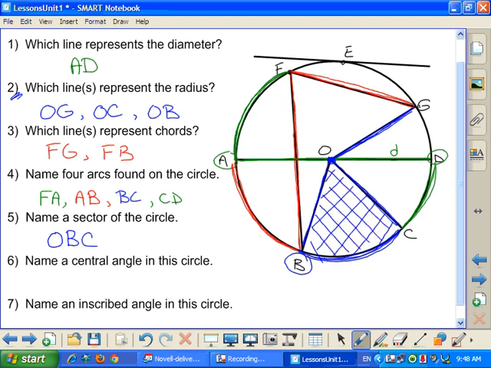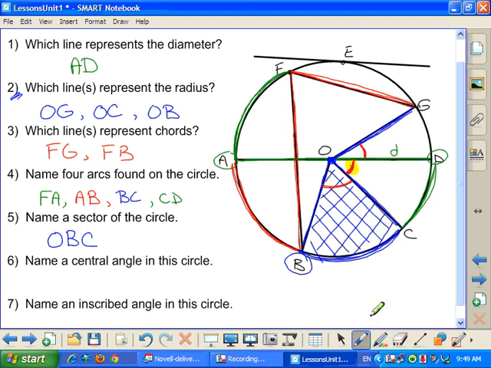Okay? Now, name a central angle. And there are a couple central angles here. A central angle is the angle between 2 radiuses, or radii. So here's one here. Okay? Here's one here. Here's one here. So we have 3 to pick from. I'm going to pick the first one that I did. Okay, I'm going to pick this one right here.